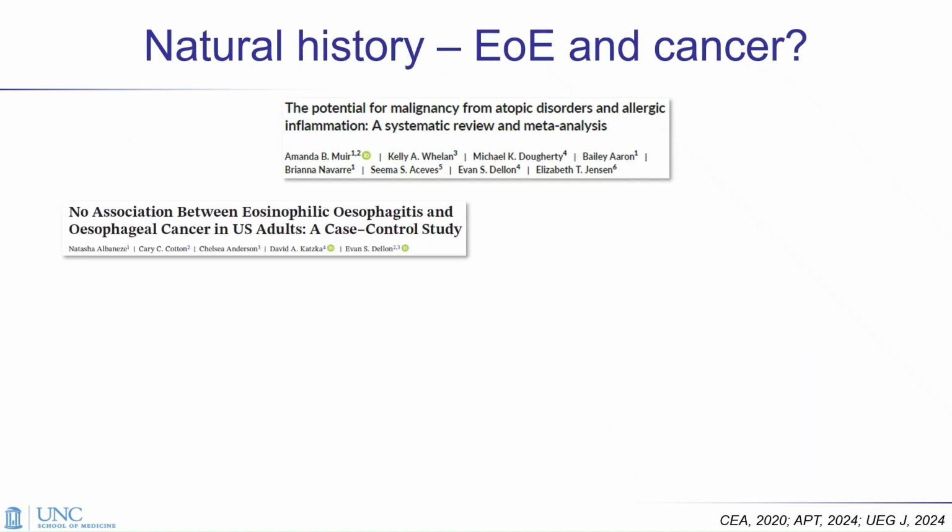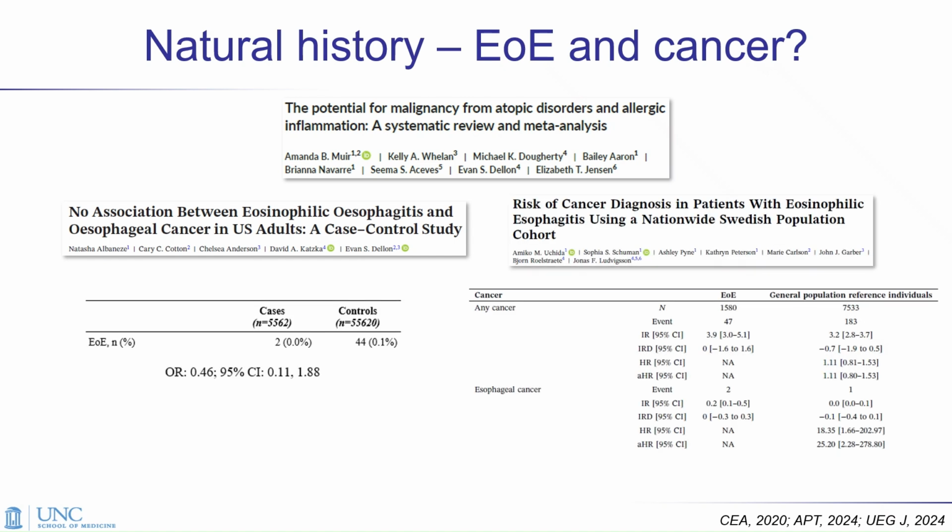And then the last point I wanted to talk about, I know a lot of people are probably concerned, I have inflammation from EoE in my esophagus. Could this lead to cancer? I know about reflux, and Barrett's esophagus is a risk factor for cancer. And thankfully, there have been a couple of studies now that have looked at this. And the bottom line is it doesn't seem like EoE is a risk factor for cancer from what we know right now.